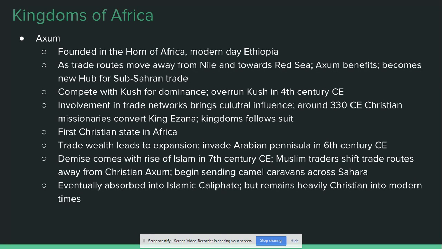Now, in terms of the kingdoms of Africa, a couple of things to make sure that you take away from this. Number one, the importance of trade to the success of these African kingdoms.